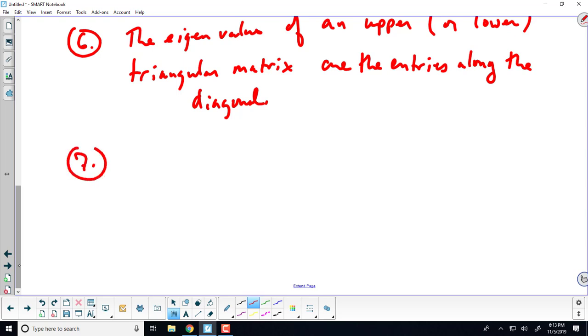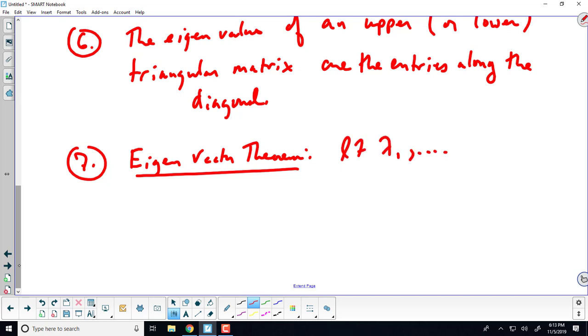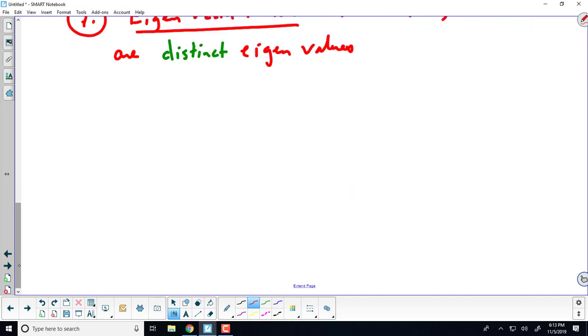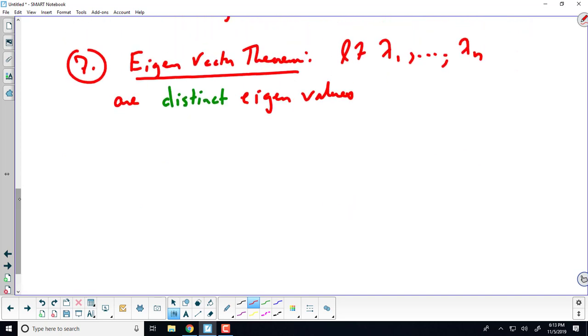The author calls this one the eigenvector theorem. And we've got A as before. If lambda 1 through lambda n are, and this is an important word here, folks, distinct eigenvalues with eigenvectors.